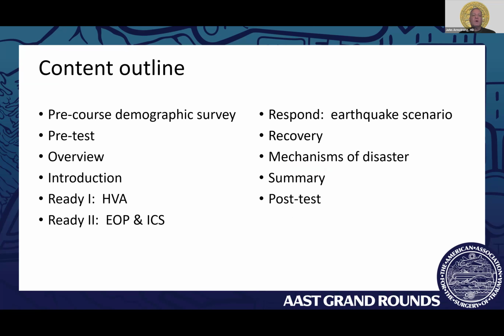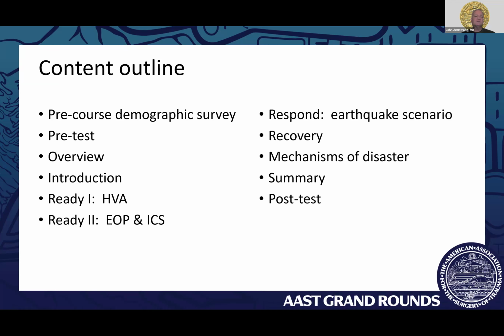The course is 4 hours online, and it has multiple points of engagement. Up front with a pre-course demographic survey, just to get to know who is taking the course and a little bit about the background in disaster response and emergency preparedness. The pre-test and the post-test are symmetrical, and they're 20-item tests.